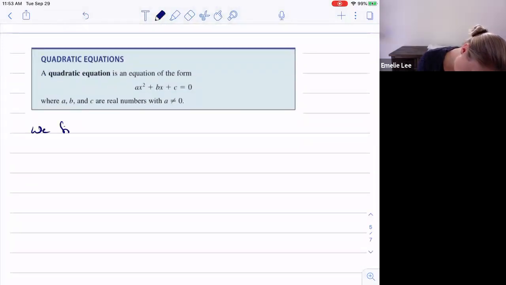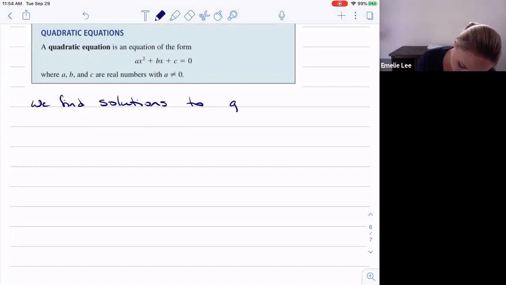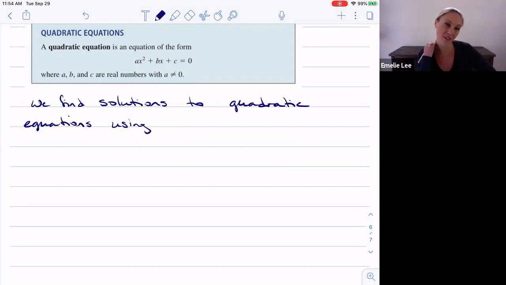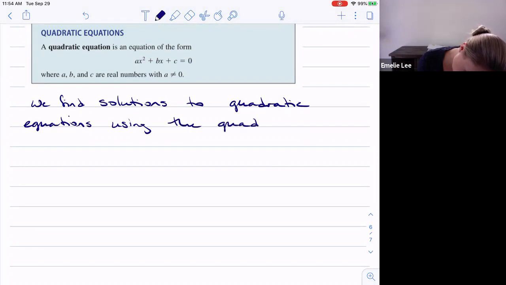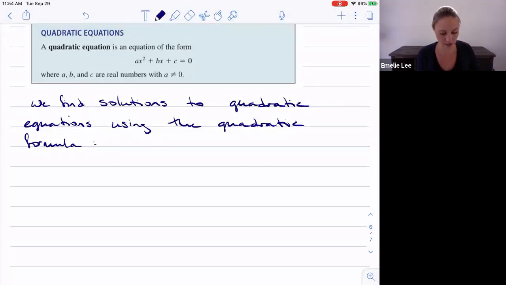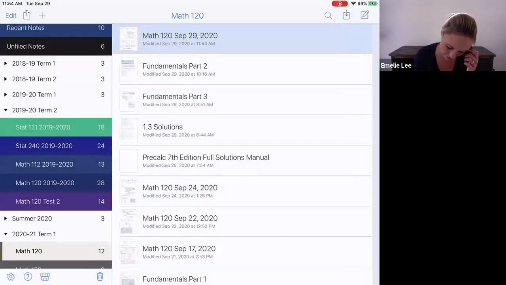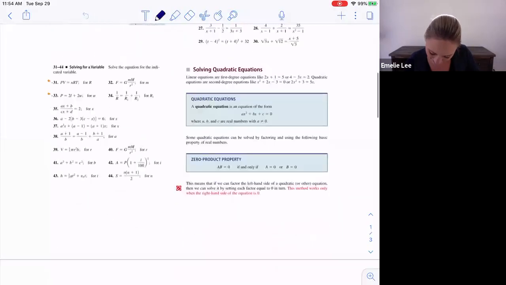We find solutions to quadratic equations using the quadratic formula, which is on the next page, on the back page, if you have a physical copy, I guess.